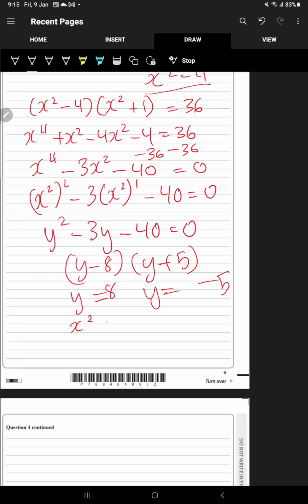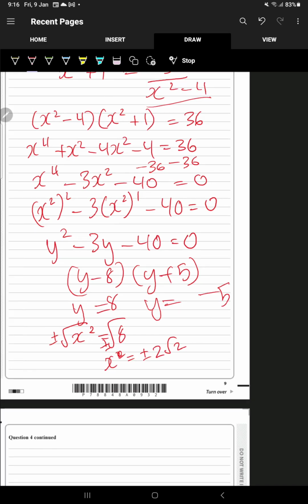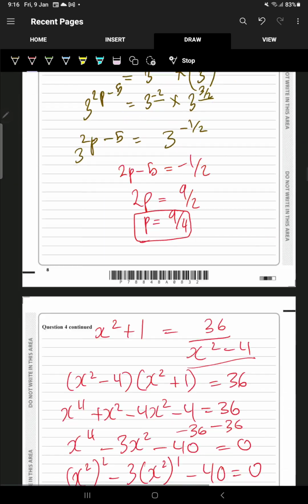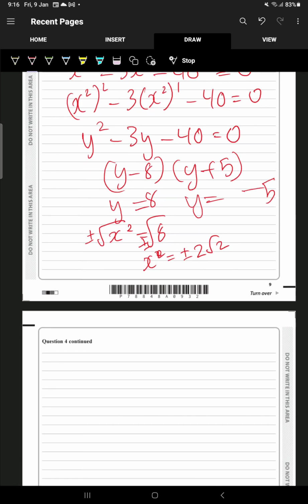Now x squared is equal to 8. You take the plus or minus square root of that, and the square root of 8 is going to give us plus or minus 2 root 2. Real roots. If you take the square root of minus 5, there's no real square root, so this one is going to be an imaginary number, although you can skip this part.